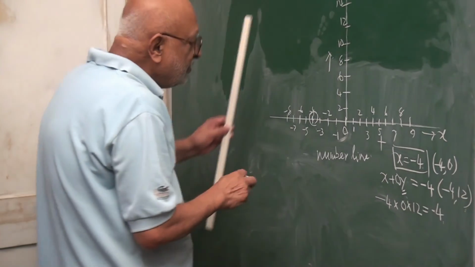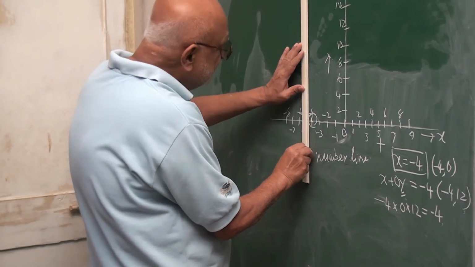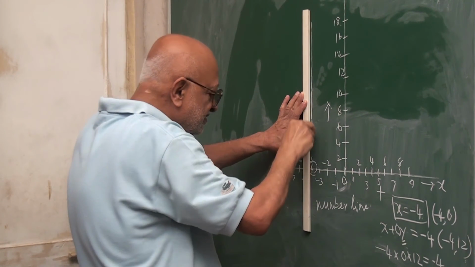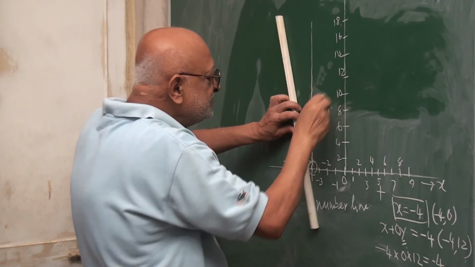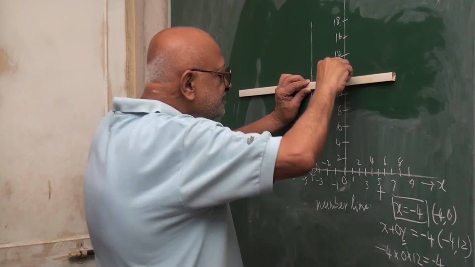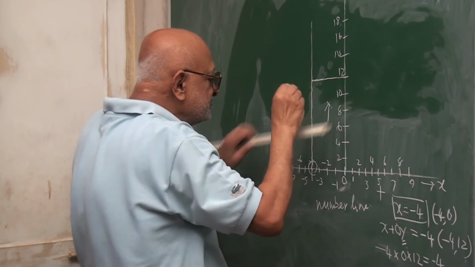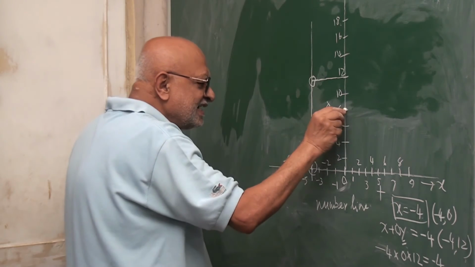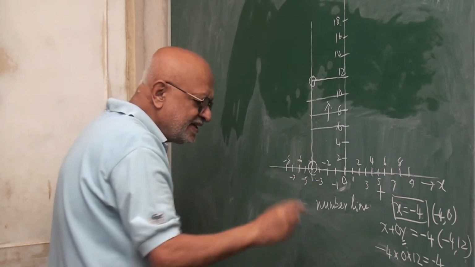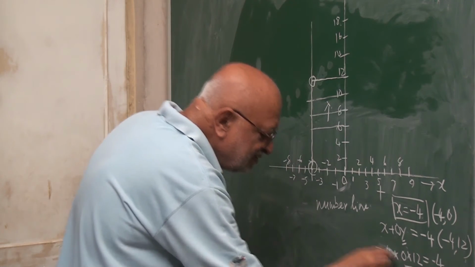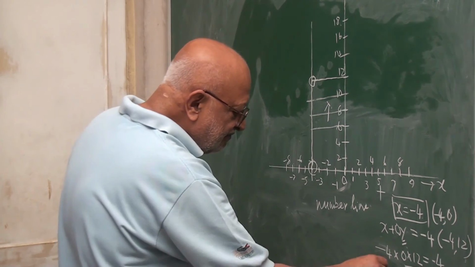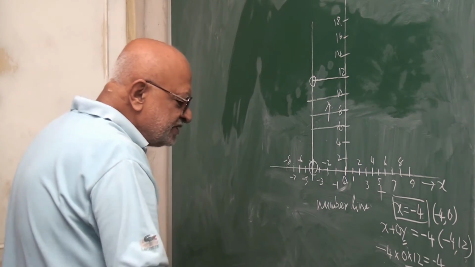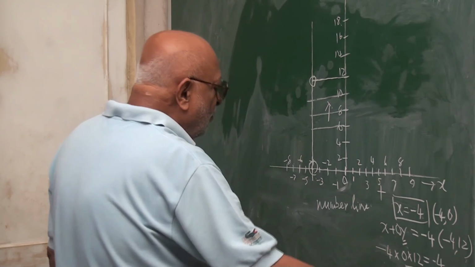So minus 4 and 12. It doesn't make any difference whether I take 6 or 8, any y value you take, that will be converted into 0, and x equal to minus 4 will remain there. So this will be satisfied all the time.